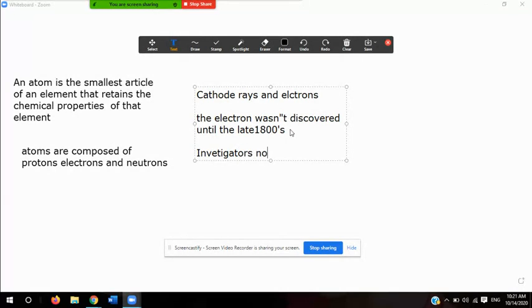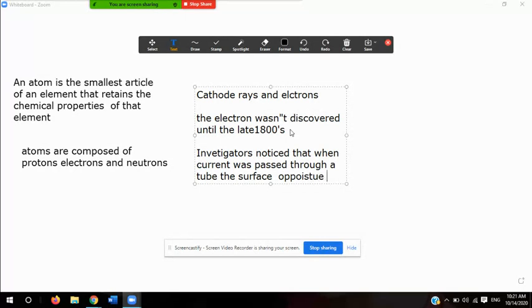Basically, what happened was that investigators noticed that when current was passed through a tube, the surface opposite the cathode began to glow. So they had a tube and they passed these cathode rays, and they realized that as they passed those cathode rays, the opposite surface of the tube began to glow.